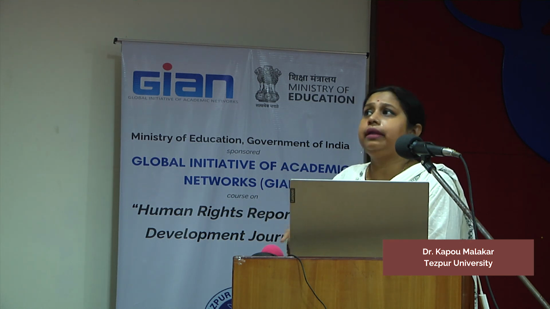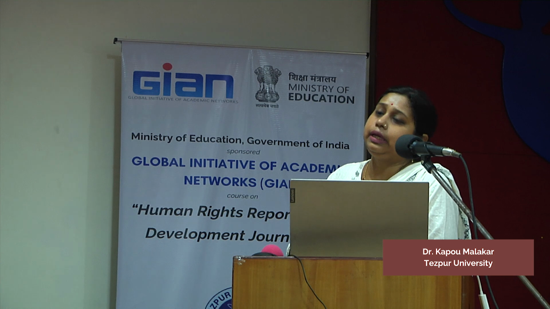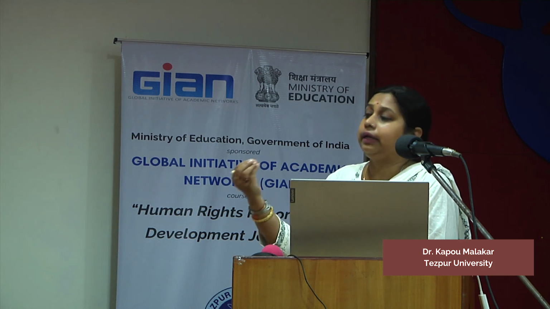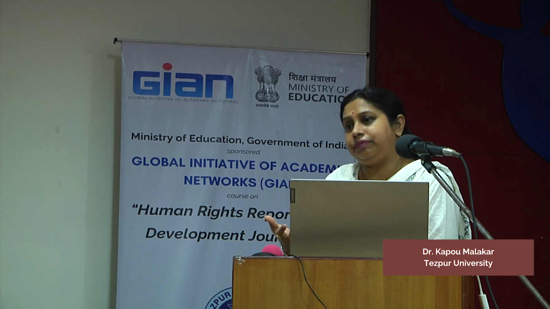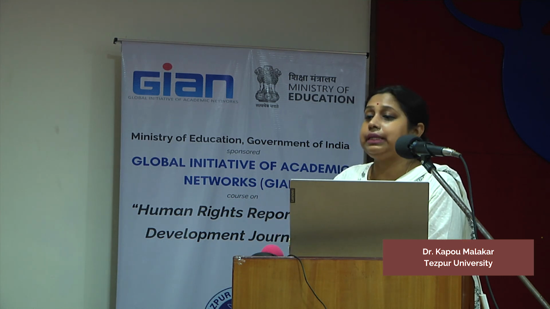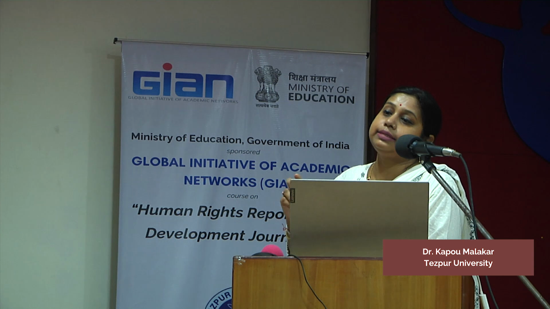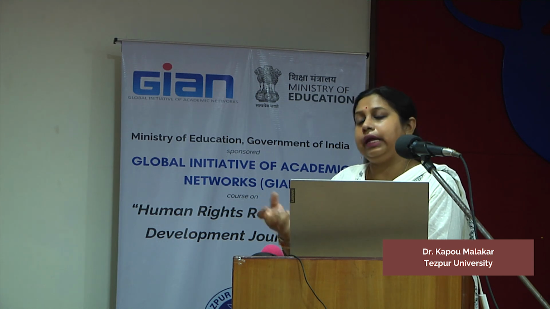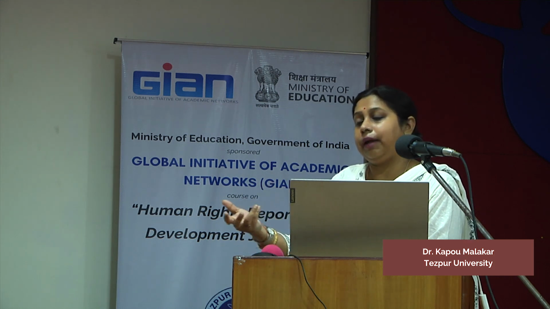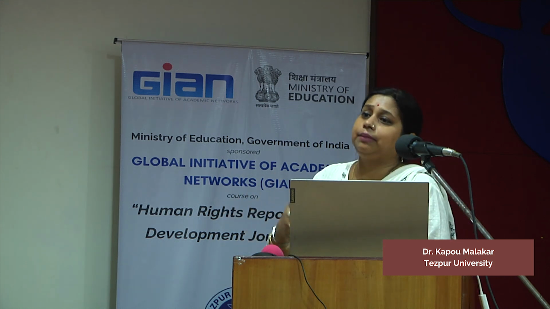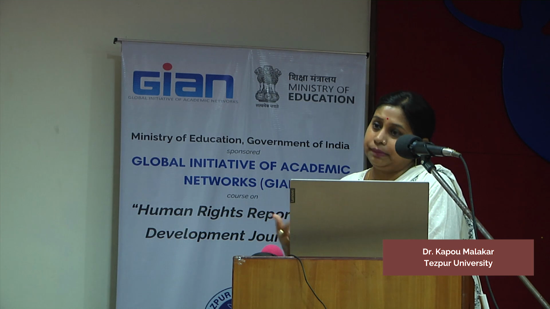Then we can see that there are some NGOs that usually offer relief, rehabilitation, and charity benefits. On that basis, we could name those as welfare NGOs. They are working for providing relief and rehabilitation in times of calamity, in times of natural disaster.